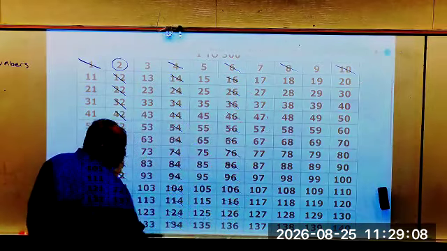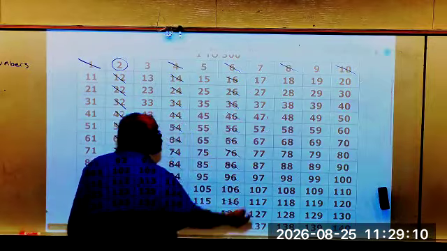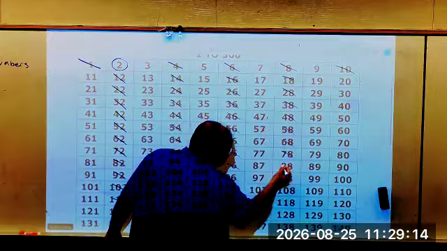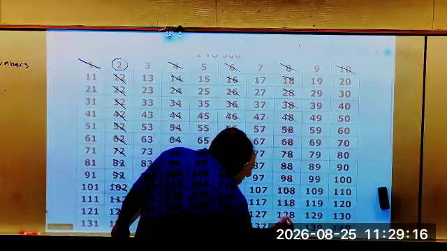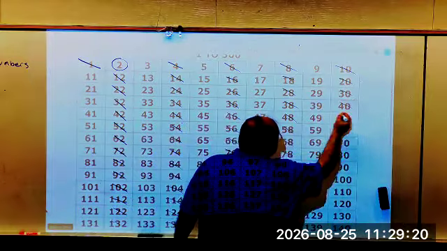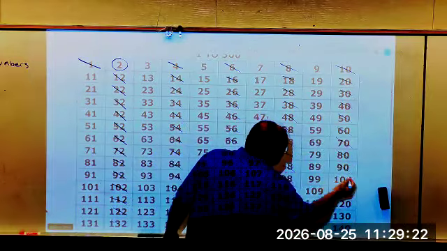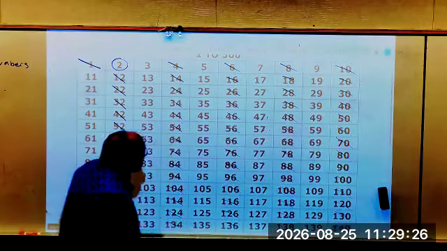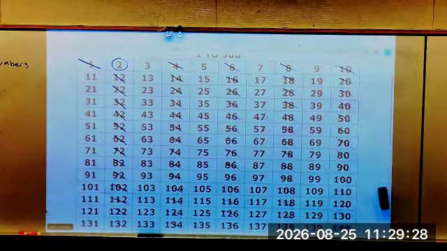Now I'm only going to 140, so we're stopping at 140. So we've crossed off all the multiples of two.